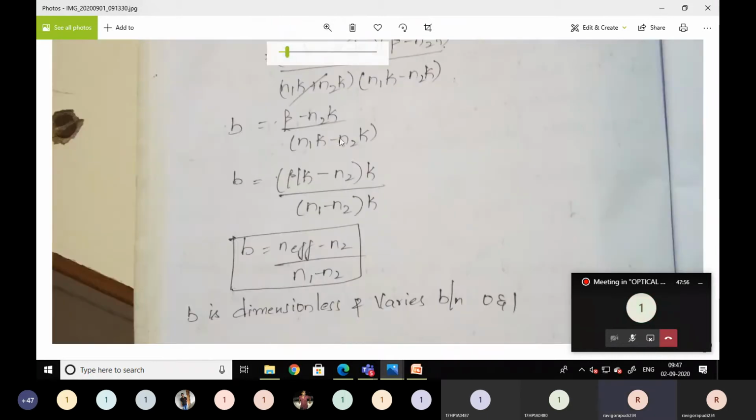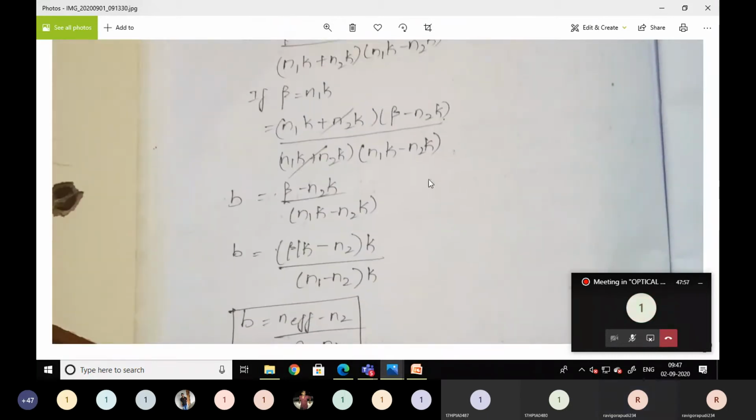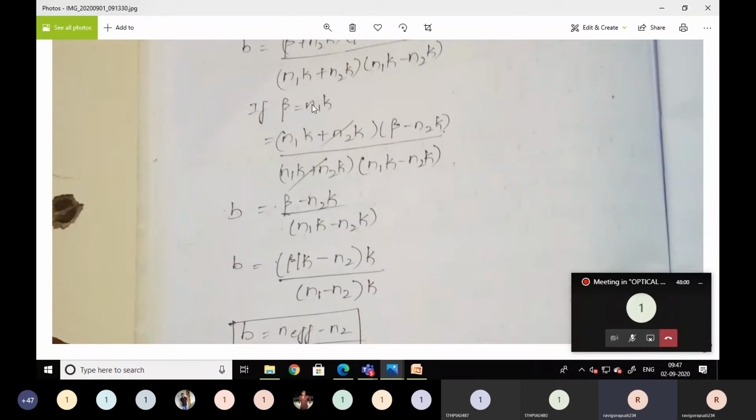That one only you have to remember here. That is the only new thing. Beta is equal to N1K. We have to substitute in the summation term only.